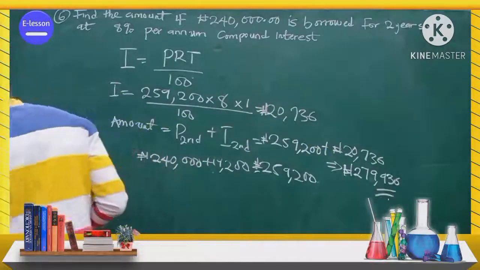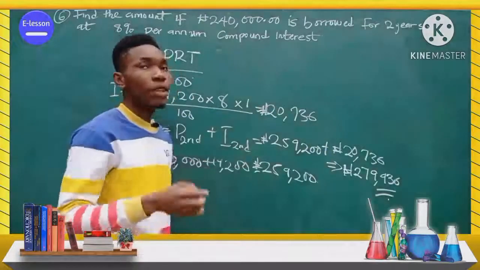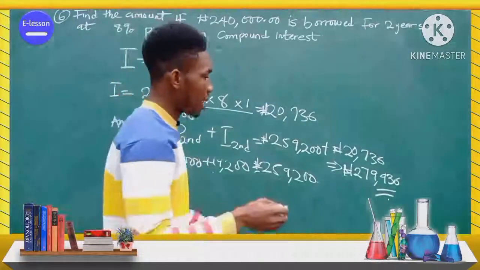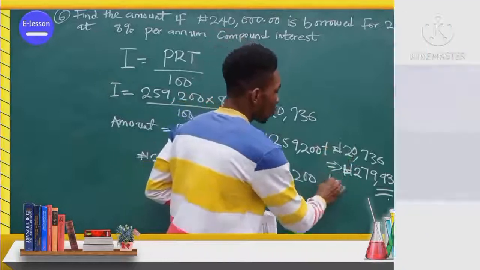So that is your correct answer, and that is option D of the NECO 2019 number 6 past question.